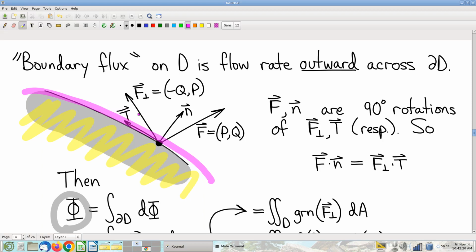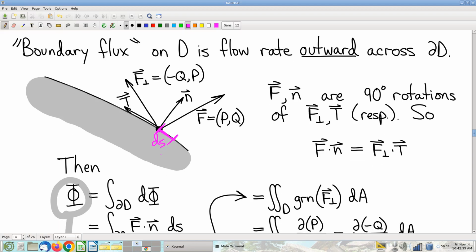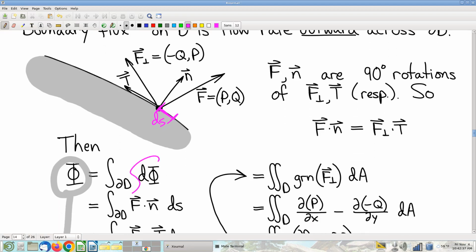And what I'm gonna do is just break this curve up into little bitty pieces and say, all right, well, on this little curve of length ds, I can just write down the flux through that little piece: F dot n ds. Here's my normal vector.